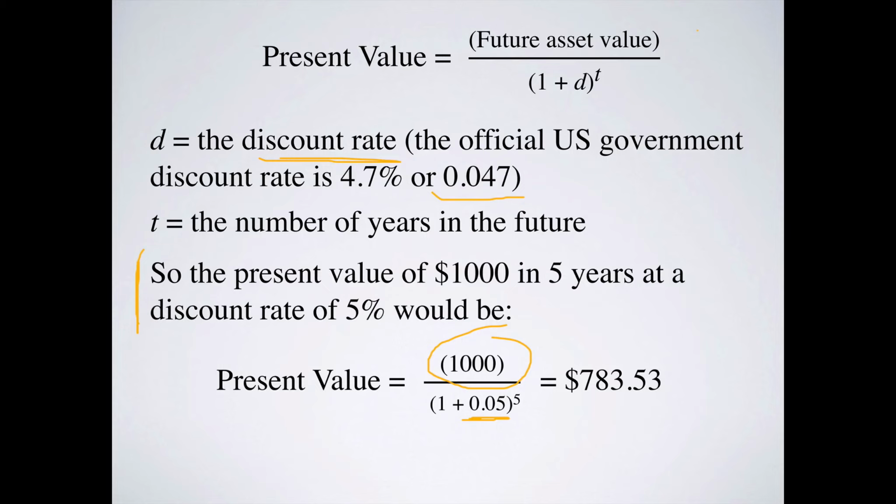And then we raise that to the fifth power, because it's in 5 years. So 1,000 on top, 1.05 to the fifth power on the bottom. And when we do that, we get $783.53. So $783.53 is the present value of $1,000 in 5 years at a discount rate of 5%.